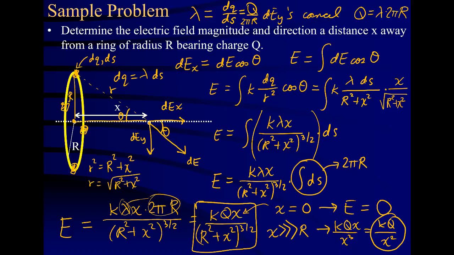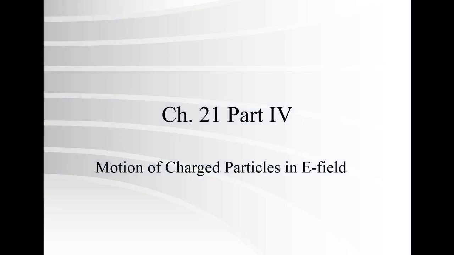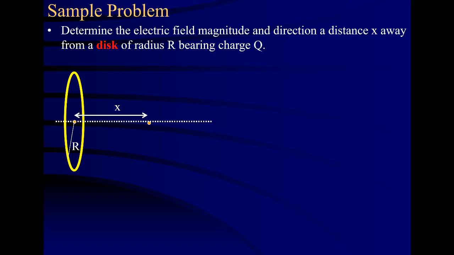Okay, let's see if we can cram in one more example in this video. And okay, sorry about that. We had to skip ahead one, but let's see if we can quickly do this for a disk. So this shows a ring, but we really have a disk here of radius R and charge Q. And we're going to pick right up where we left off.